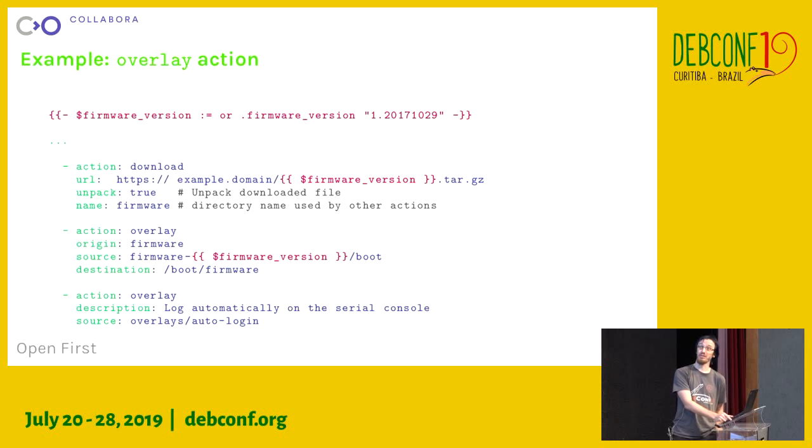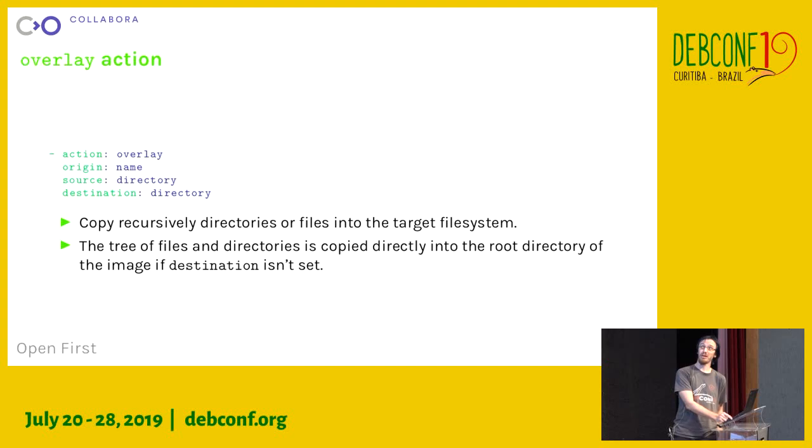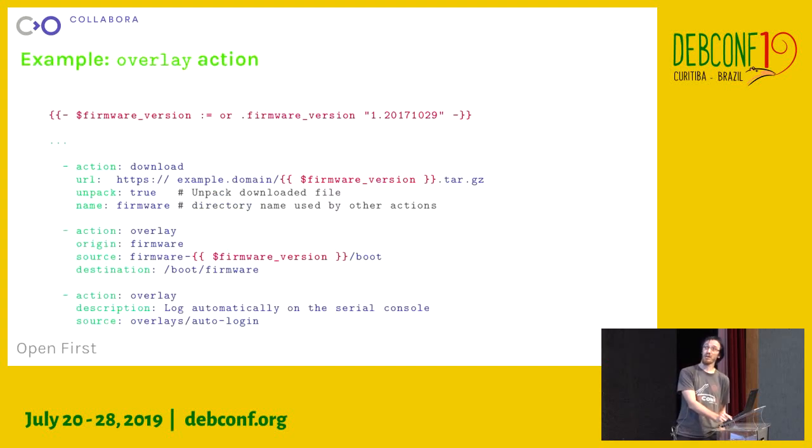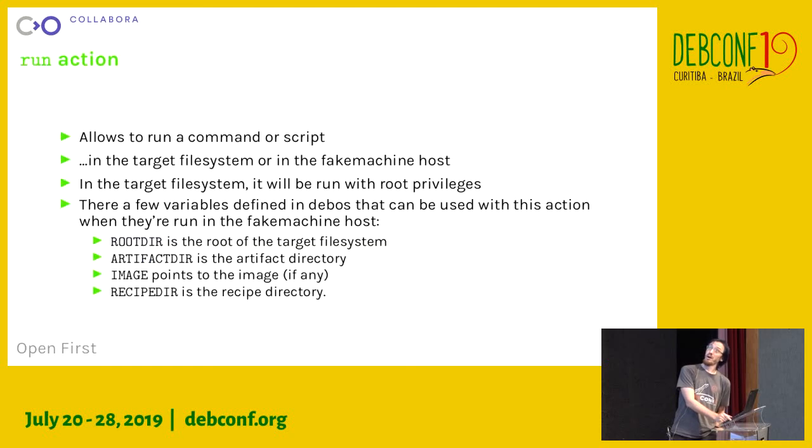Like that, basically. You can have a bunch of files coming with your recipe, and they will be put inside of the image. So you see, we've downloaded a firmware, we've unpacked it, and we also have a directory called overlays auto-login, and that's something we also want to put into the image, and it goes there. You don't have to specify the name or something. Right, so you can also run arbitrary commands inside of the file system you're building.